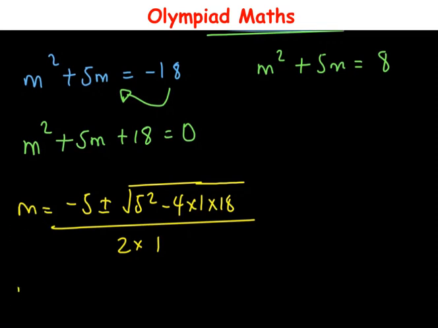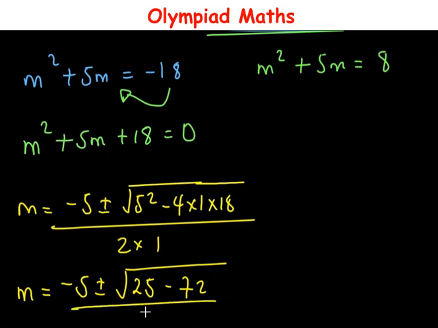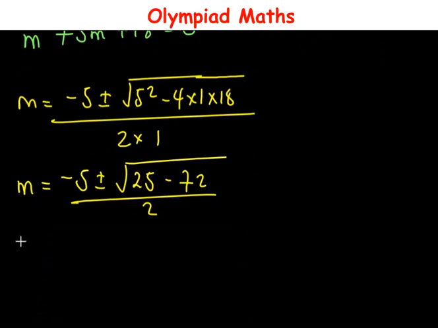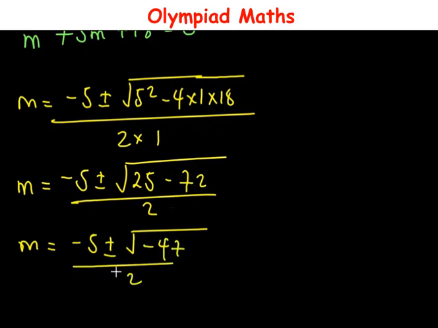So from here, the value of m is equal to minus 5 plus or minus square root of 5 squared is 25 minus 4 times 1 times 18 will give us 72, all over 2 times 1 is 2. So with this, the value of m is equal to minus 5 plus or minus square root 25 minus 72, that equals minus 47, all over 2.